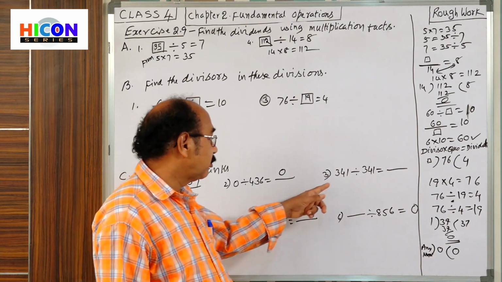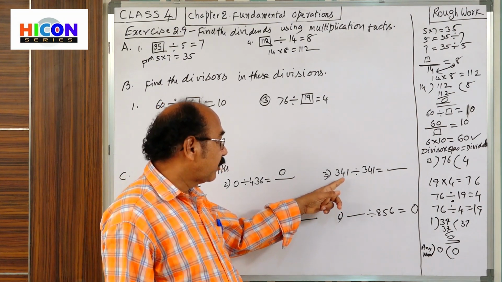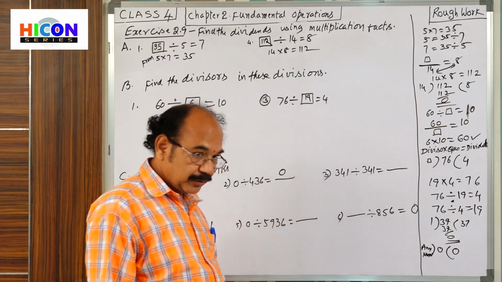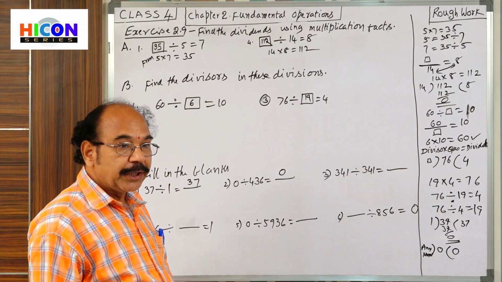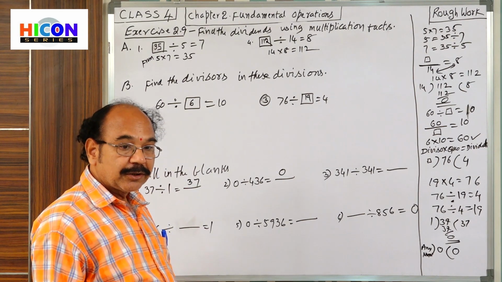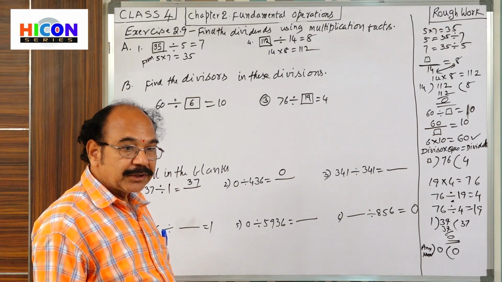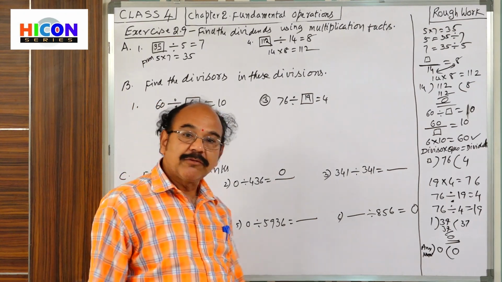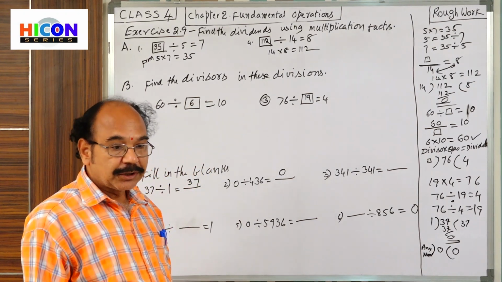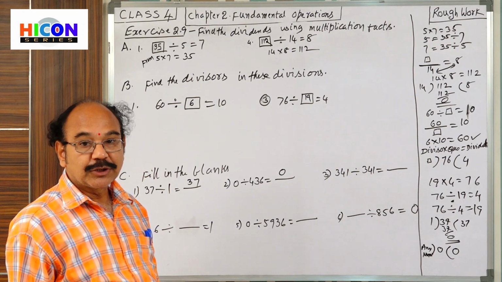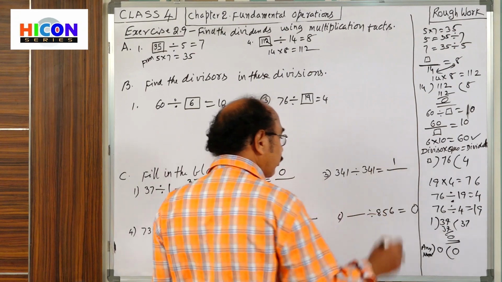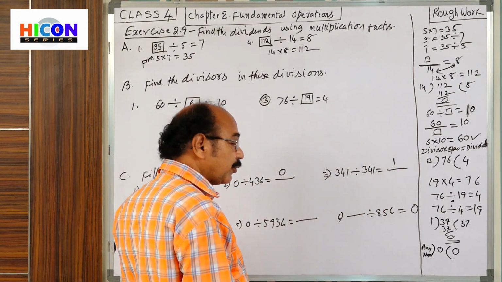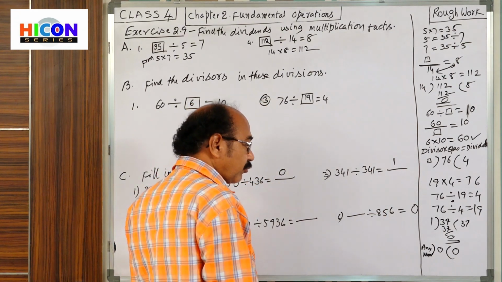Now the third one. If any number is divided by itself, then the quotient is 1 always. That's why 341 divided by 341 is equal to 1. Okay, children, why?